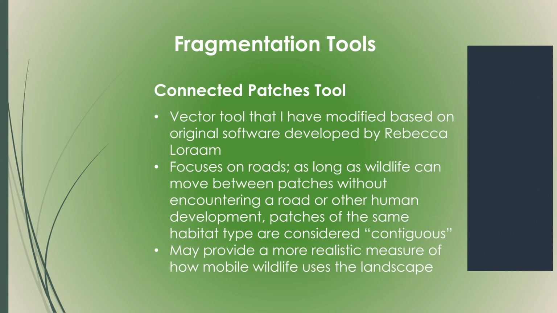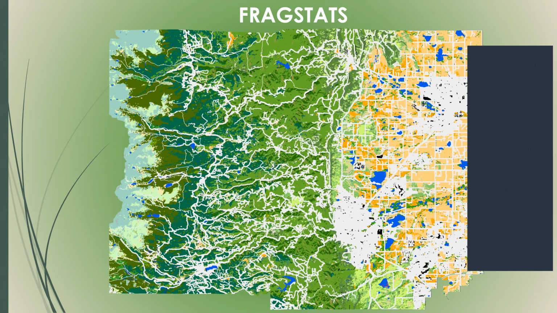And just to give you a sense of how the different tools might look at the landscape, here's a landscape of Boulder County where I just completed a fragmentation study. And the developed areas, roads, and trails are all shown in white. They fragment the obviously already fragmented landscape with the different habitat types.